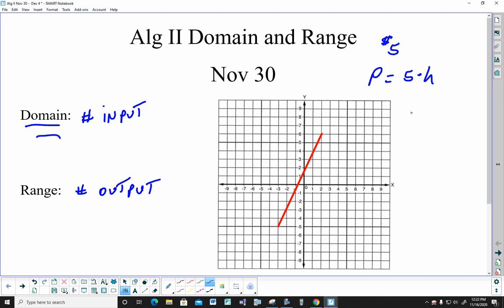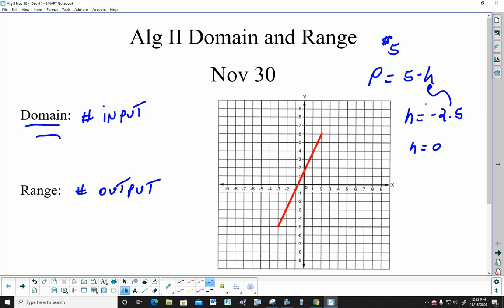Would it make any sense to say that the number of hours you worked is negative 2.5? No, it doesn't make any sense at all to think of filling in negative 2.5 in here. You can't work a negative number of hours. Can you work 0 hours? No. It doesn't make sense to say you would get no paycheck.